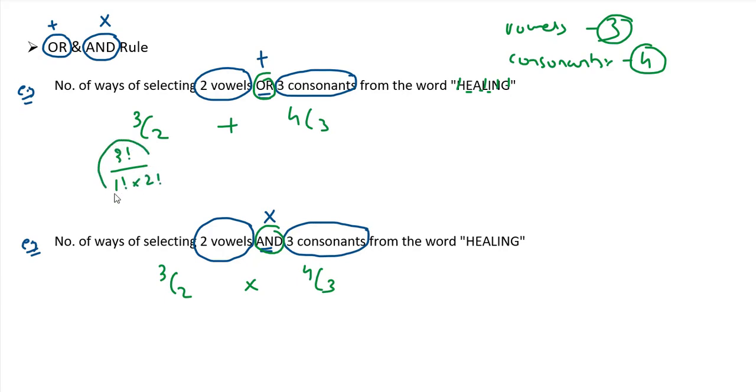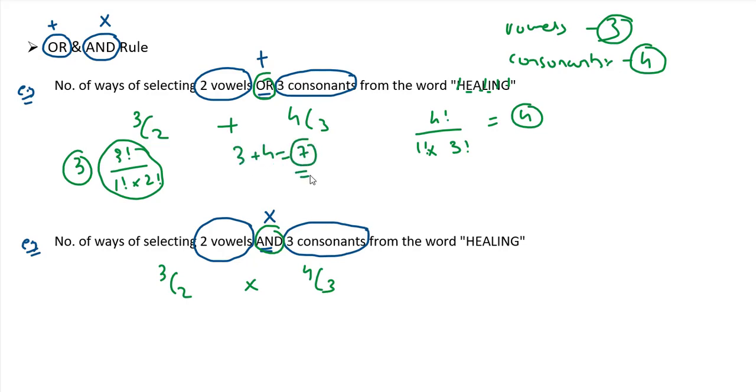So the value of this will come out to be equal to 3. And from here we'll get 4 factorial upon 4 minus 3, which will be 1 factorial, into 3 factorial. So this value will come out to be equal to 4. So for this question, we'll have to add these 2 values. So this will be 3 plus 4, which will be 7 ways. So there are total 7 ways in which you can select 2 vowels or 3 consonants from this word healing.